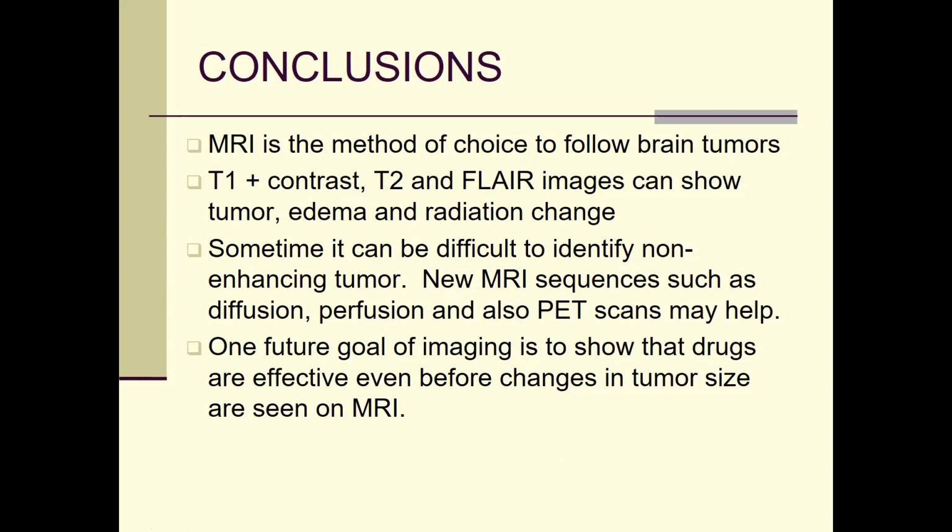It can be difficult to identify non-enhancing tumor, but new MRI sequences such as diffusion and perfusion, and also PET scan, can help. So the future goal of imaging is to show that drugs are effective even before changing tumor size as seen on MRI. Thank you very much for your attention.